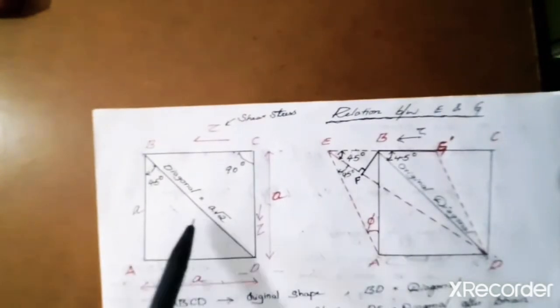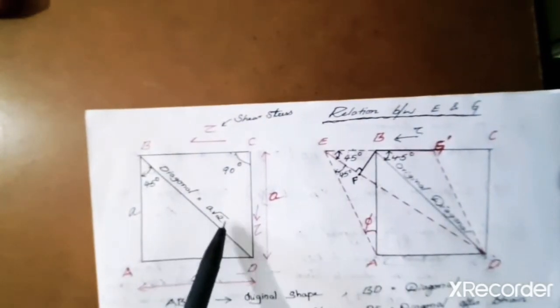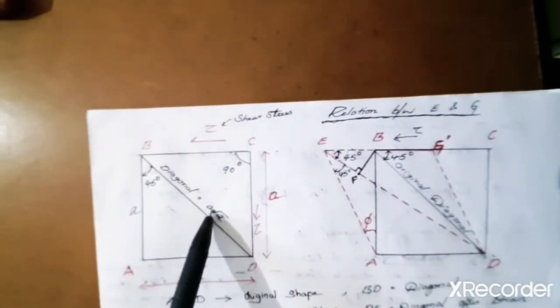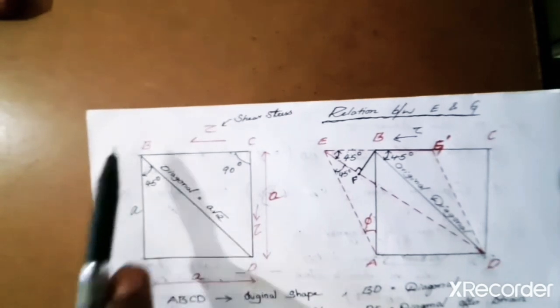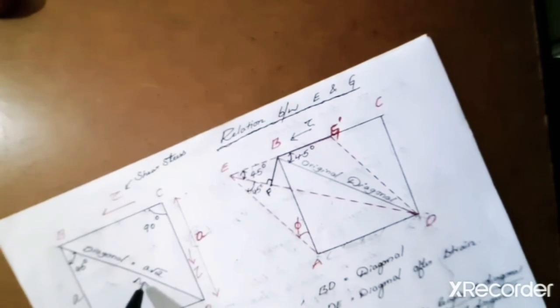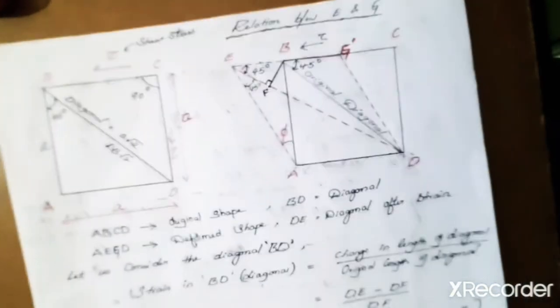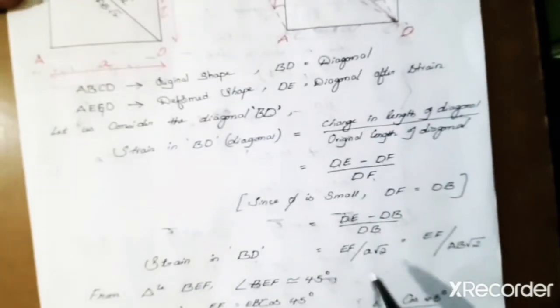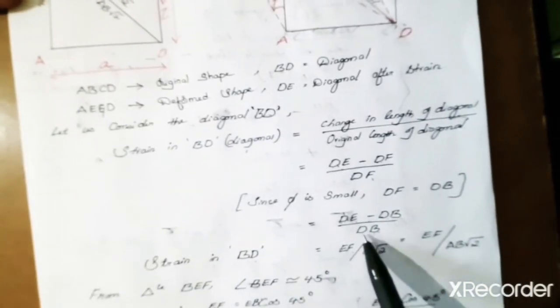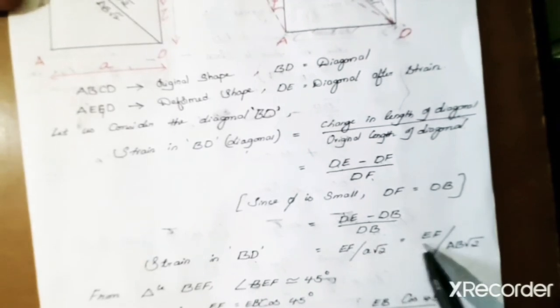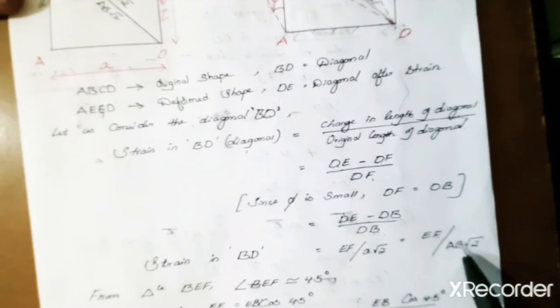As you can see in the figure, that is A root 2, where A is nothing but the length of AB. So you can write this as AB root 2 also. So the length of the diagonal is AB root 2. So EF divided by the diagonal length AB root 2, which equals EF divided by AB root 2.